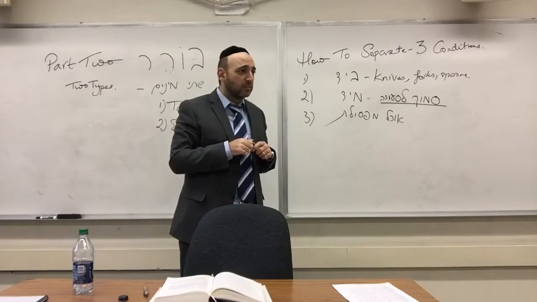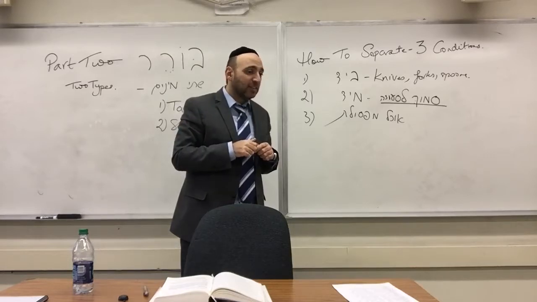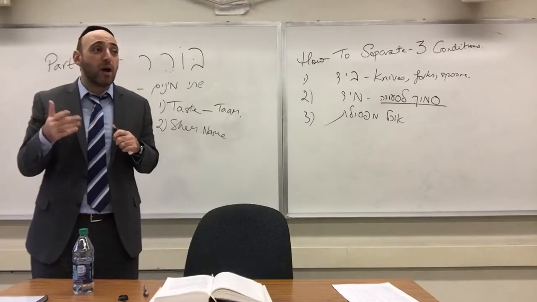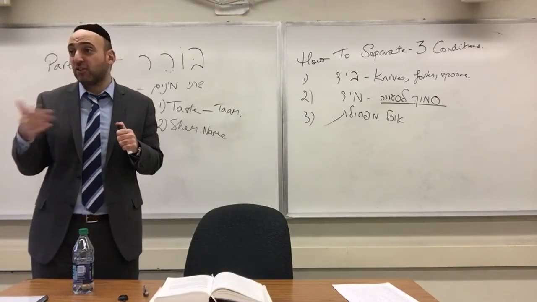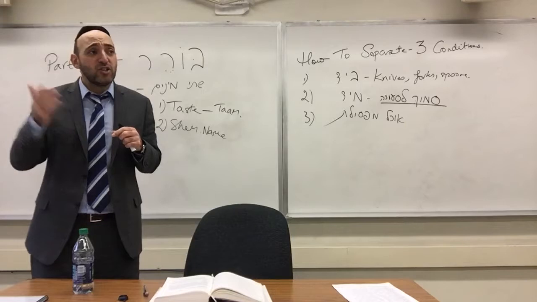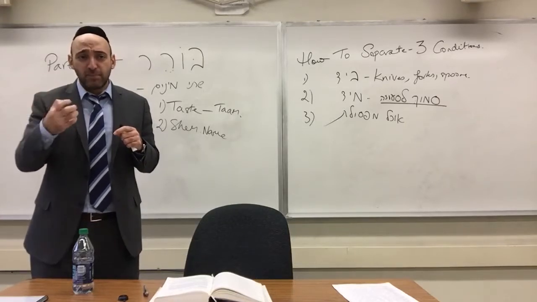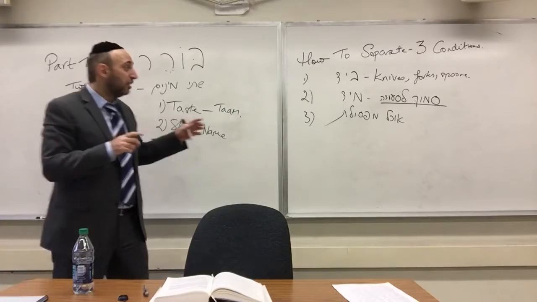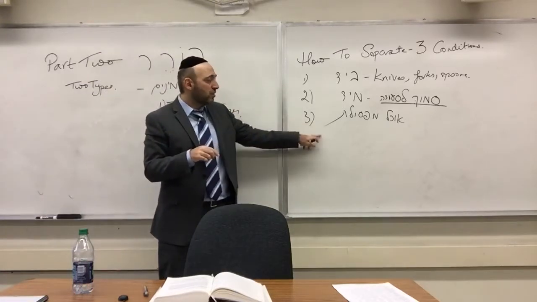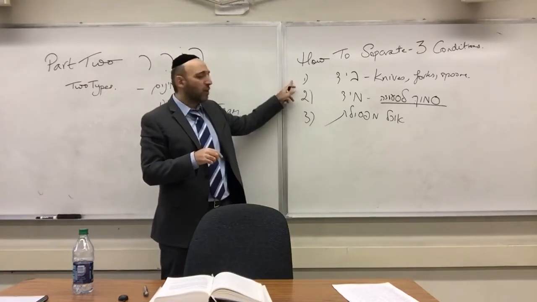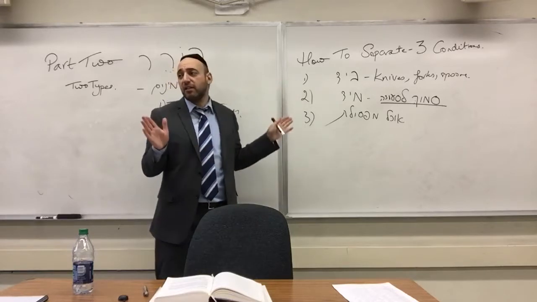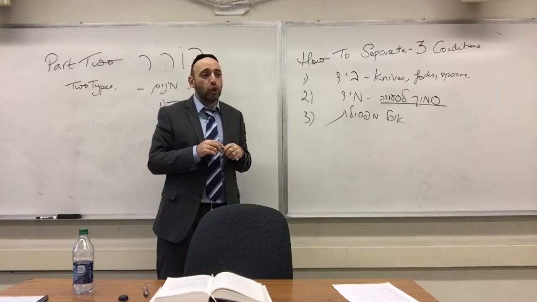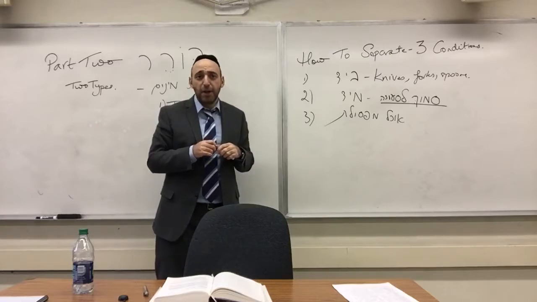Some say it's a problem. My wife relies upon a ruling from her Rebbe, and she's careful to take off a bit of an extra chunk with it. Some are strict, some are lenient. You have to ask your LOR, local Orthodox rabbi, about that.